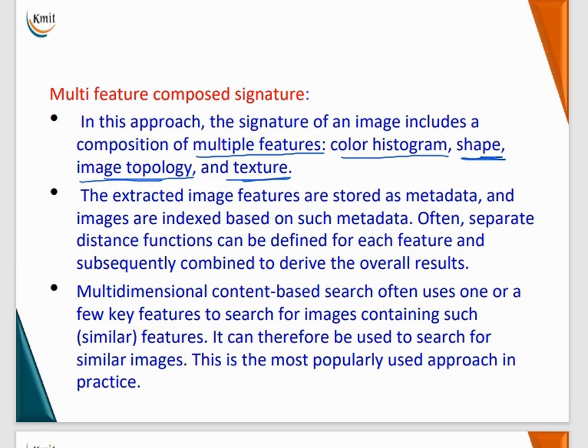The extracted image features are stored as metadata and images are indexed based on such metadata. Often separate distance functions can be used for each feature and subsequently combined to derive the overall result.